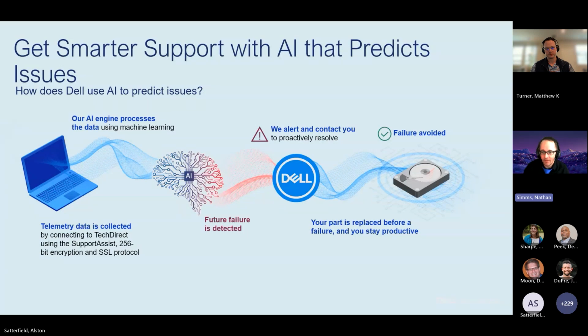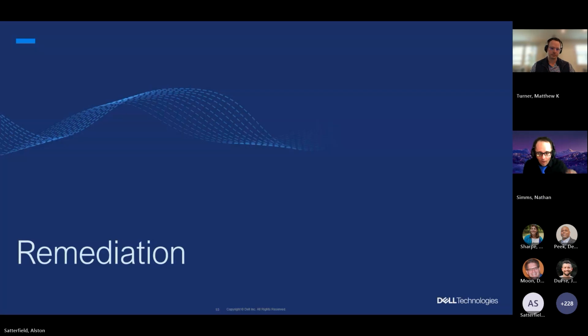Would you like to set up a dispatch? What we've done is we've prevented the user from ever having any downtime. We've saved a ton of time and money because calling into support costs you time and money as well as everyone else involved. And we fixed the problem before a user ever saw it happening. Next slide, please.